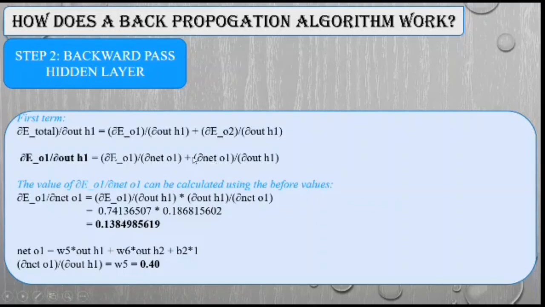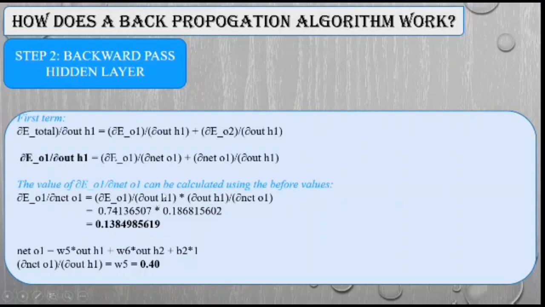When you cancel these two terms, we get the same as what is in the LHS. So when you take the first term of this equation, partial differentiation of EO1 with respect to net O1, it can be written as partial differentiation of EO1 with respect to out O1 into partial differentiation of out O1 with respect to net O1.